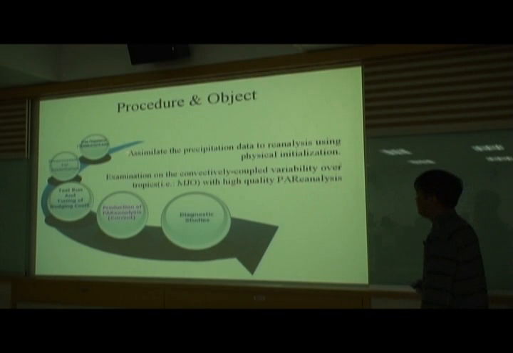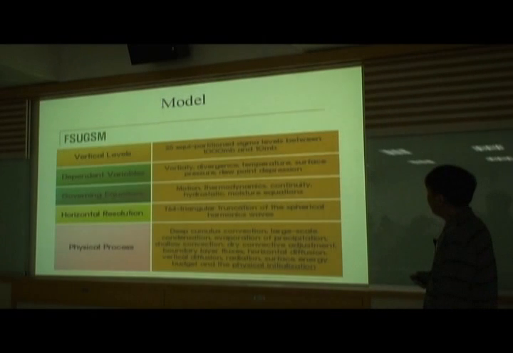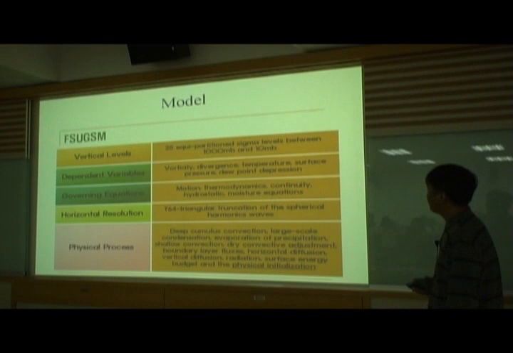The procedure is data preparation and preparation for assimilation, test run and tuning of the nudging coefficient, which I will explain later, and production of the PA reanalysis. And using this product, we will conduct diagnostic studies. We use the Florida State University Global Spectral Model.